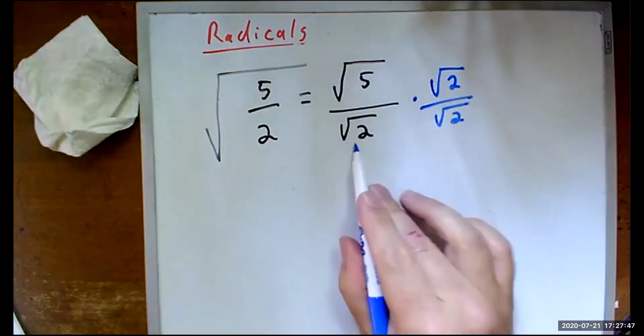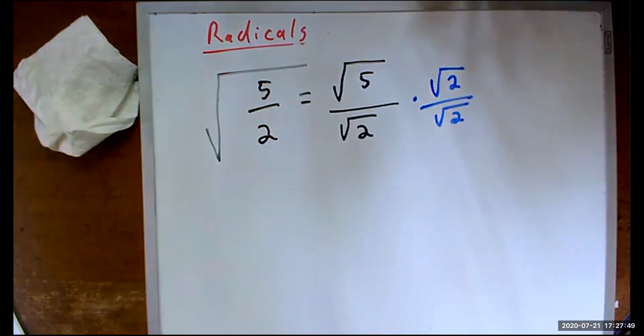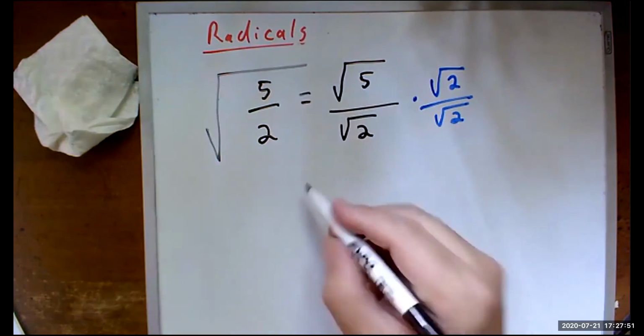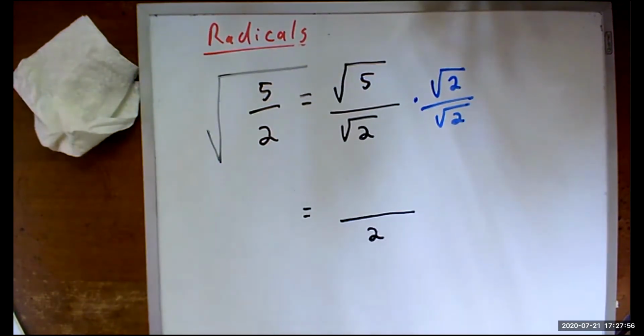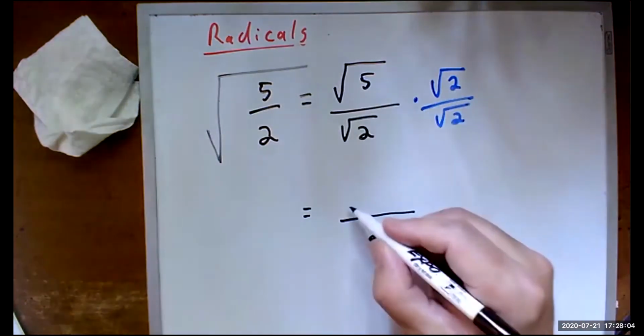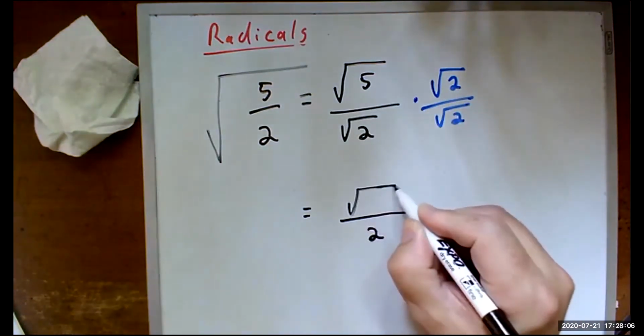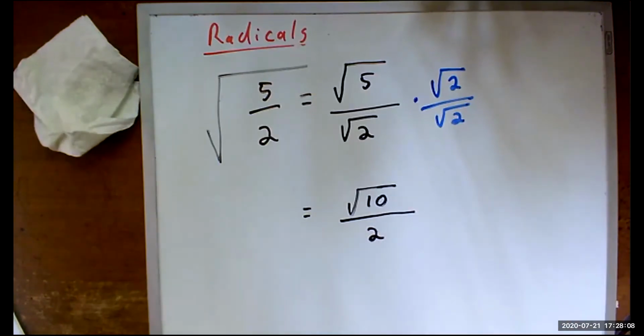So I'm going to get rid of it. How do I get rid of it? I'm going to multiply it by itself, top and bottom. Because when I do that, square root of 2 times the square root of 2, I'm just left with 2. Those square roots cancel each other out.